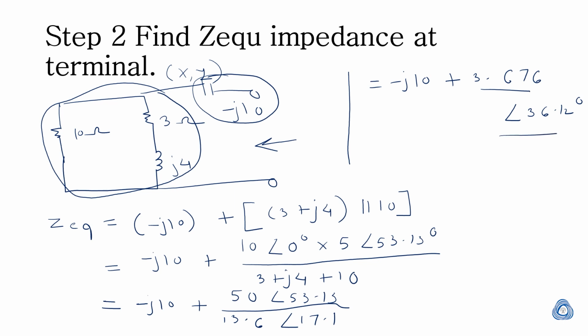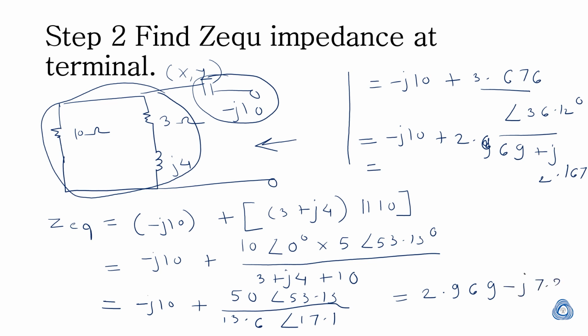So converting polar to rectangular, it is minus J10 plus 2.969 plus J2.167. So the whole answer for the equivalent impedance is 2.969 minus J7.83 ohm. So this is nothing but Z equivalent for this circuit.